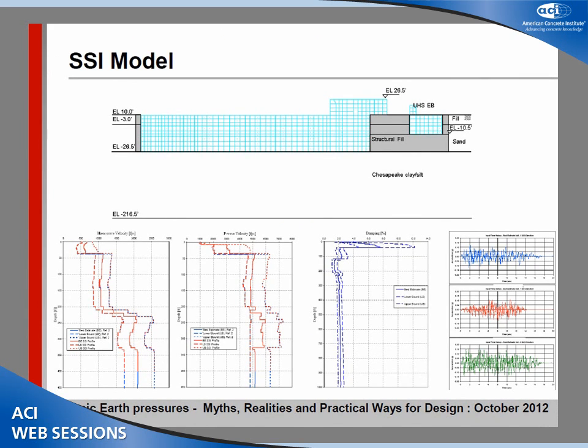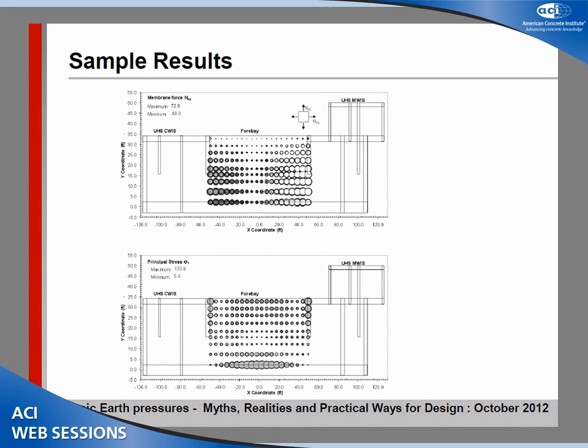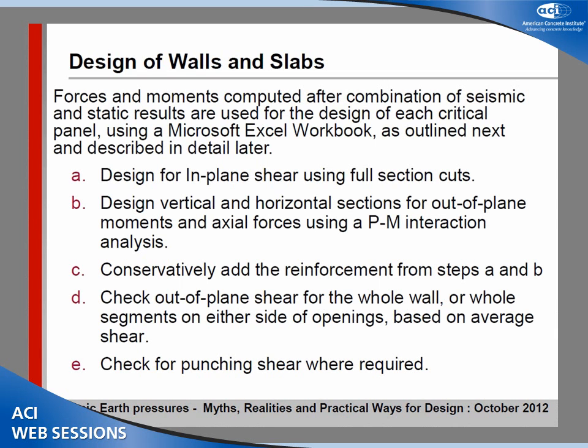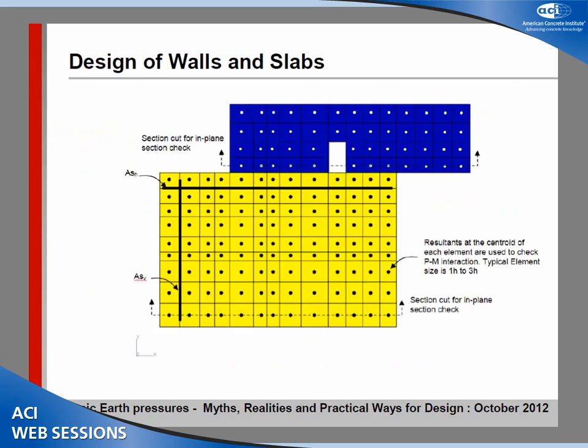This is the soil structure interaction model, and these are the different soil profiles, the properties of the soil, starting from top to bottom, and considering lower bound, upper bound, and best estimate soil properties, and the different earthquake ground motions that were considered. As a result of this, we get different moments and membrane forces in the structure and conduct the design using simple spreadsheets.